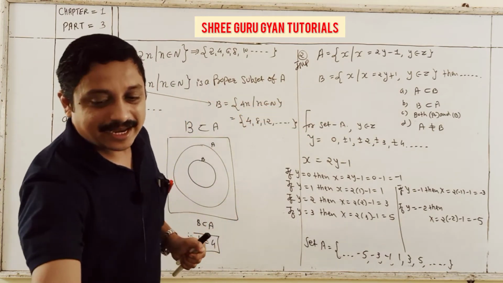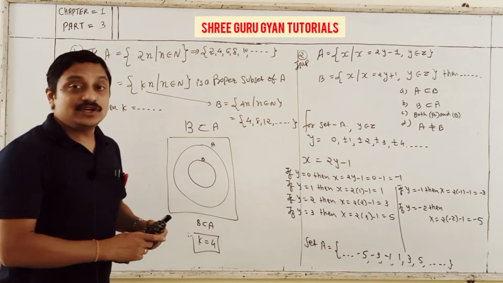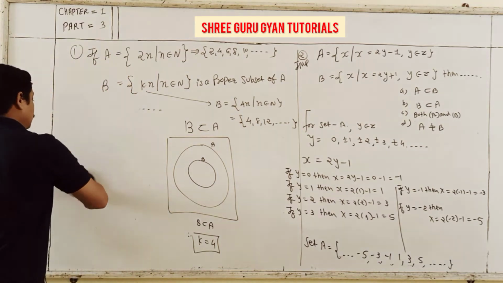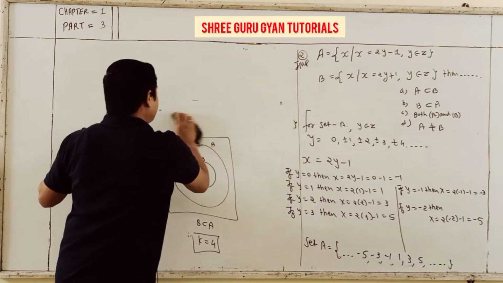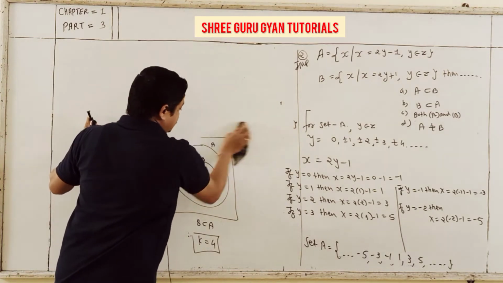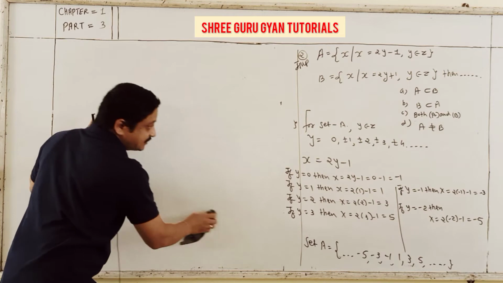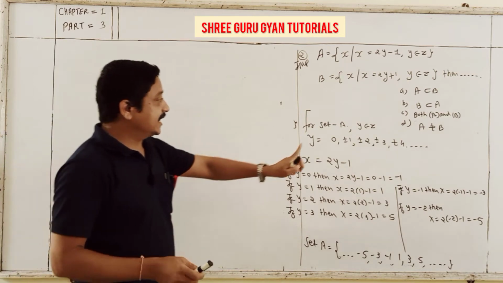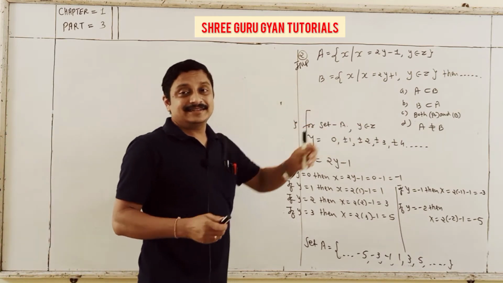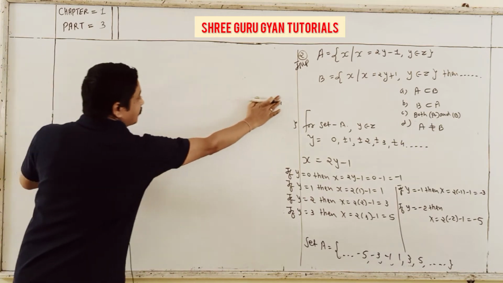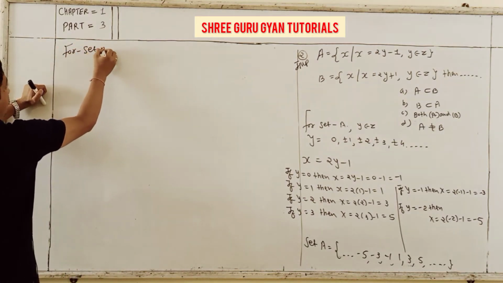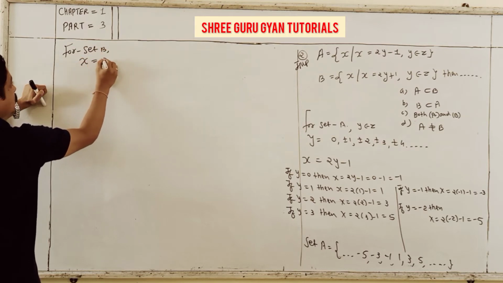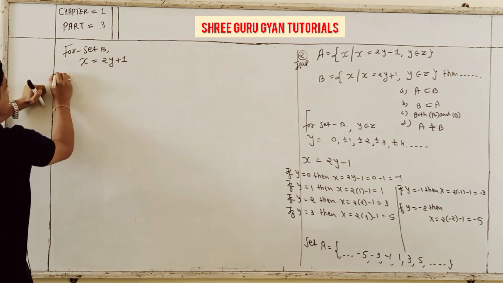Now I will explain set B, and then after that I will decide which option is correct. Same explanation for our set B elements. Here also I take Z, as given, so for set B, similarly, what is given? x is equal to 2y plus 1. Start systematically.